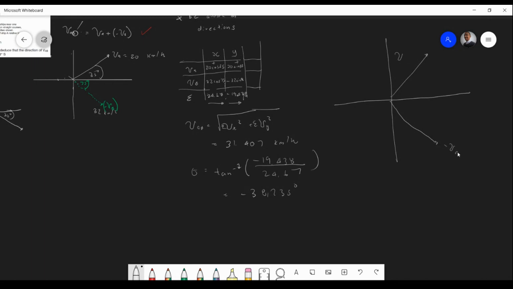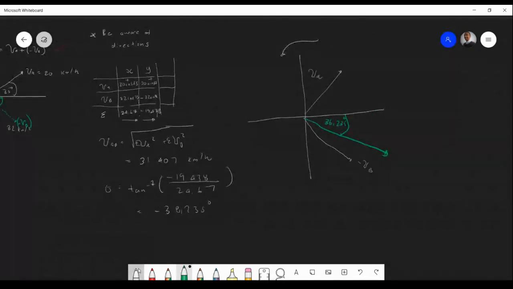So negative VB, got VA. And what it means is that a negative angle, remember, clockwise, we typically go this way for positive. So we know that this guy is at 38.235 degrees going this way.